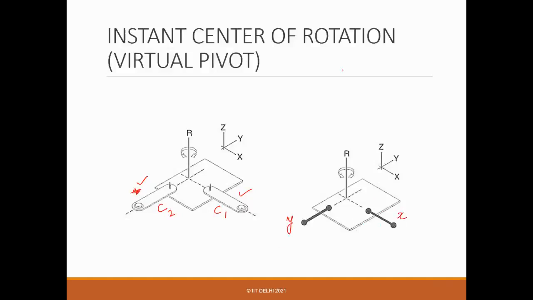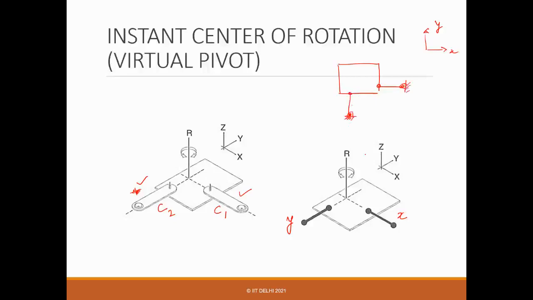So very easy to understand. If you have an object, since it's planar, this is X and this is Y. Suppose I put a pin, I can do like this, and I have another pin here, in the Y direction, right?